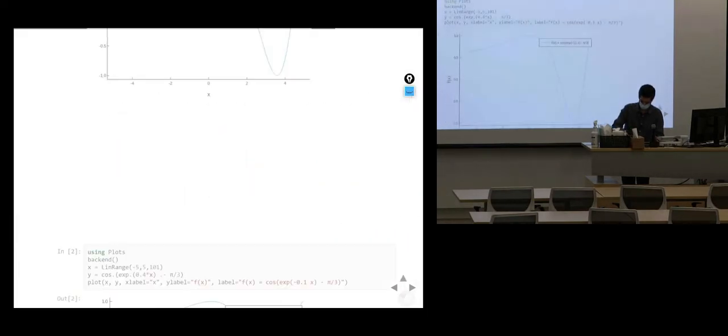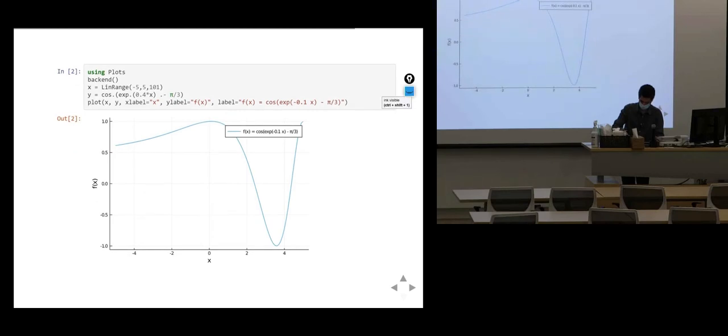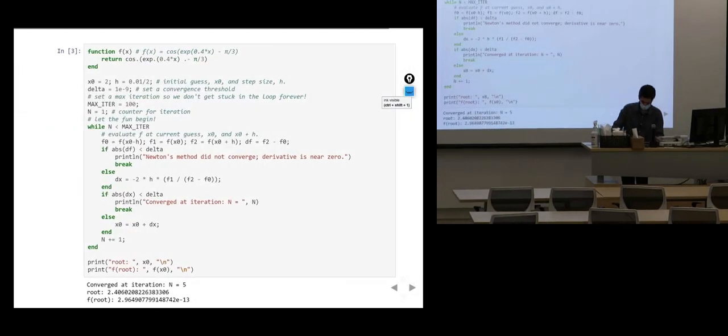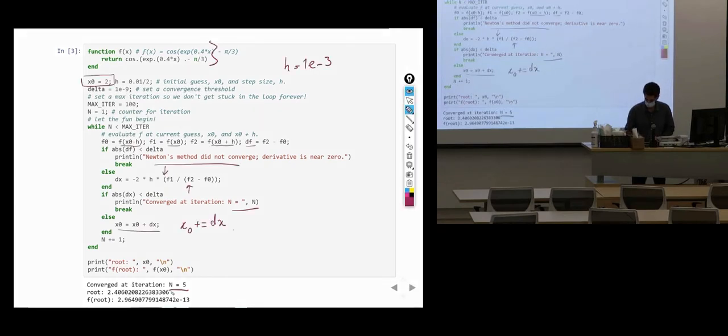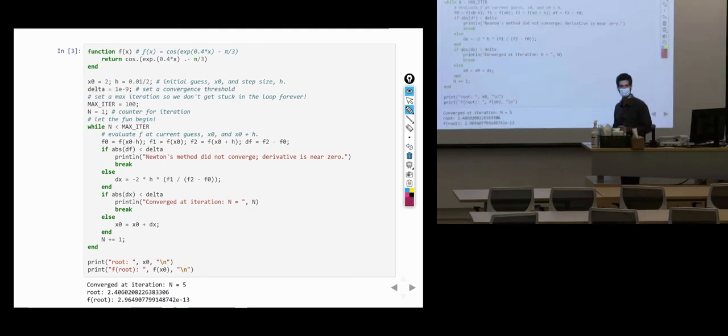Same function again. This is the code to plot it. 5 iterations. So I don't think it was by chance, right? 2 different examples, 30 plus iterations came down to 5, 6. And in fact, if you look at the function value, this is so much smaller as well.